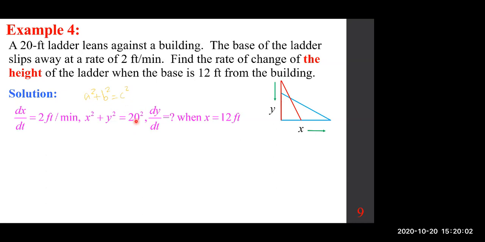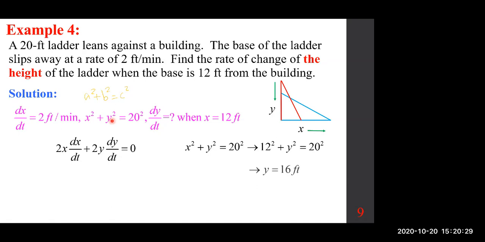And its derivative is 0. Now let's see what we have and what's missing. We have x is 12. We have dx dt is 2 feet per minute. Then y we don't have, dy dt we don't have. But when x is 12, we can use the Pythagorean theorem to find y. So replace the x with 12 now to find the y.